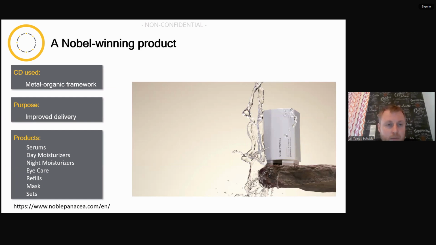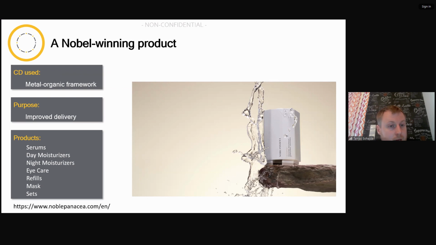One particular example that is worth mentioning, especially due to recent events, is the product of Noble Panacea. It's a luxury cosmetic, which was developed based on the idea of Sir Fraser Stoddart, who is a Nobel laureate, recently passed away, with a huge contribution to cyclodextrin science.